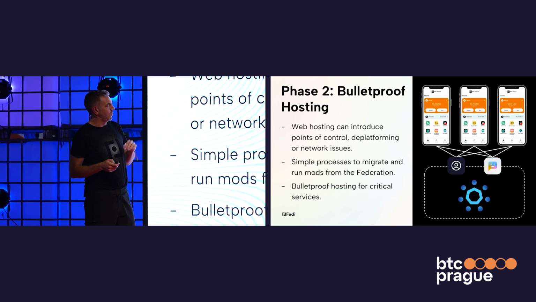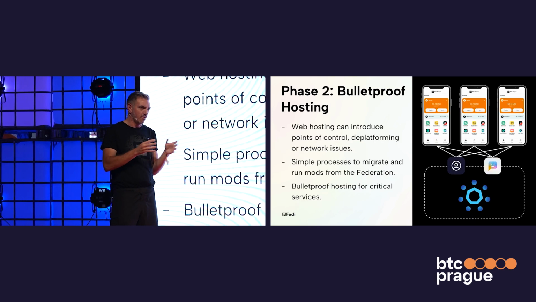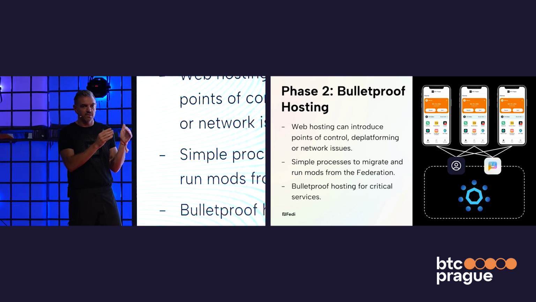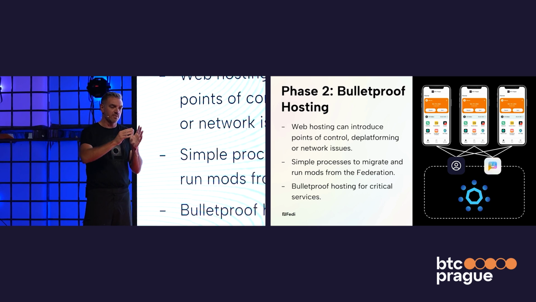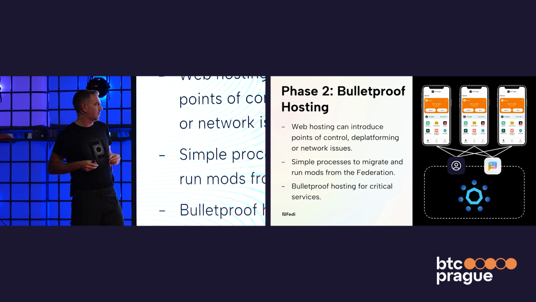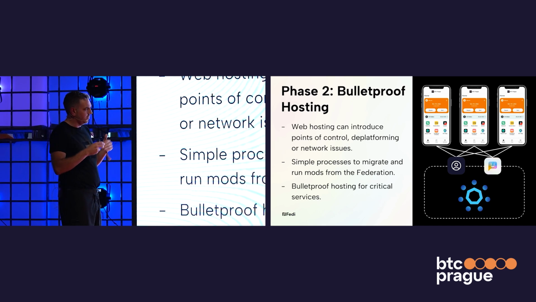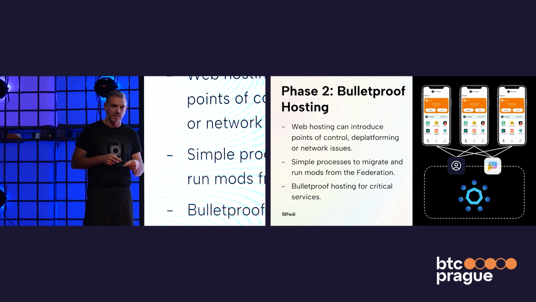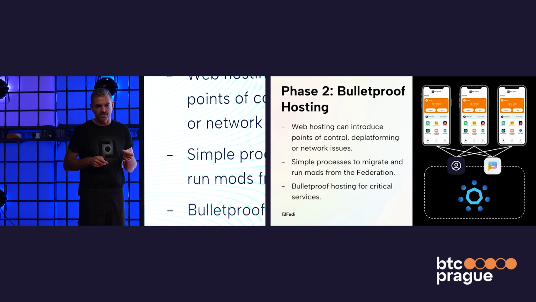So the next thing that we're looking to do is to solve a problem around deployment. So obviously, that's using sites that exist on the web. Now we can make those more customized and really tune those flows for the particular needs that a community has. But one of the things that we introduce with the websites is that point of control or deplatforming or potentially network connectivity issues.